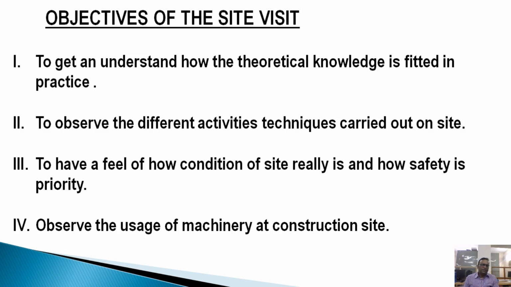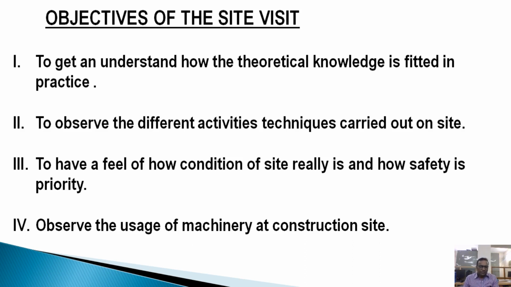Third one, to have a feel of how the condition of the site really is and how safety is a priority. Not only these two objectives, but the third one is also very important. You should know how you can keep a safety atmosphere on a construction site. So you should feel that this is a particular site, how I can make a safer one. So this is one of the objectives that you should remember.